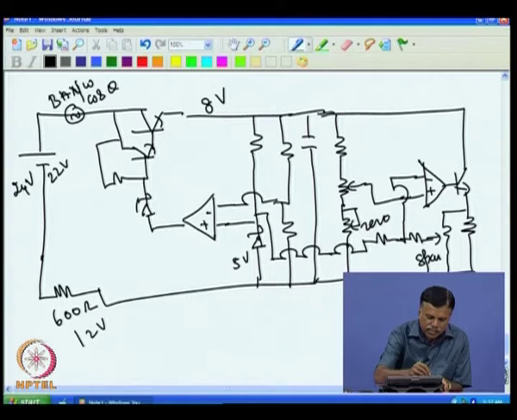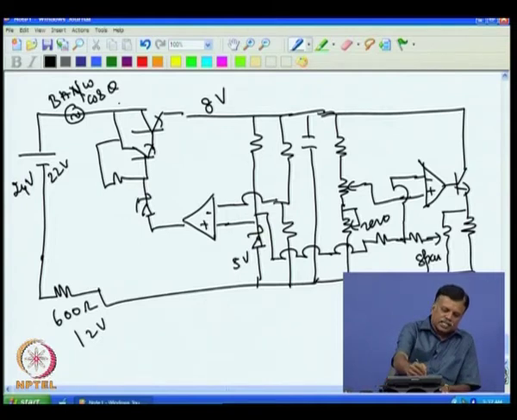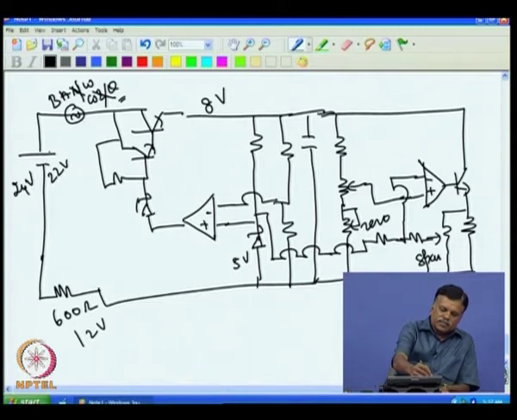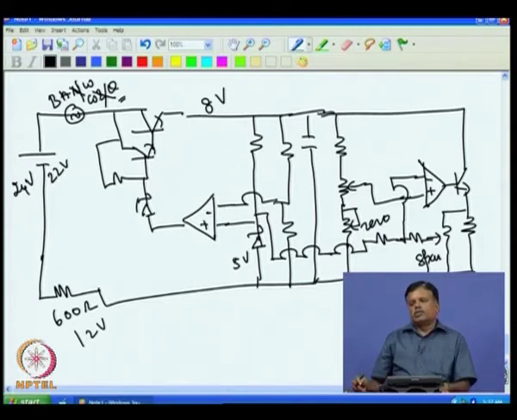So, I remove that. Omega is the frequency of the applied magnetic field, and cos theta is the angle of orientation between the field and the loop. For normal purpose I keep that as 1. So, the induced voltage is actually this, and that voltage comes in series with the applied 24 volt.